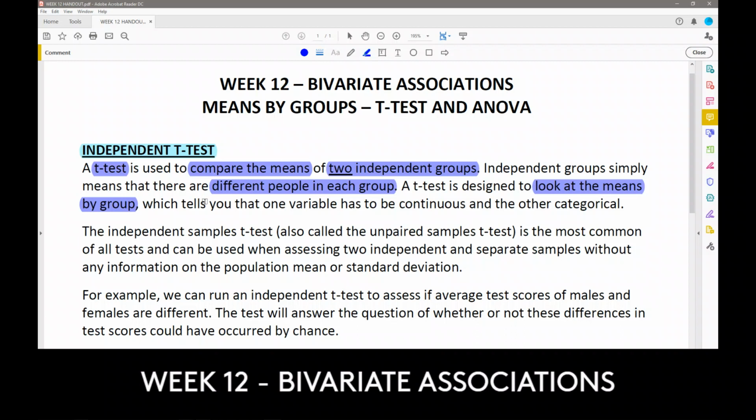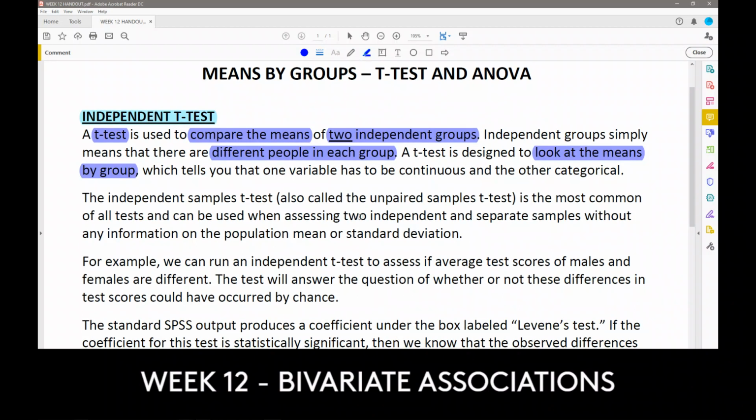So remember, when we were learning the levels of measurement early on in the semester, we were talking about how one of the important and most noticeable components of a continuous variable is that you can generate a statistic of a mean or an average.